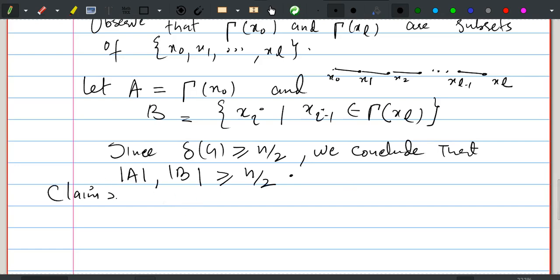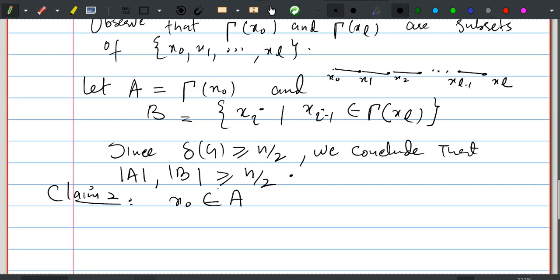Claim second, x naught is not in A, because if x naught is in A, that means x naught is a neighbor of x naught, i.e. at x naught we have a loop, and that is not the case.